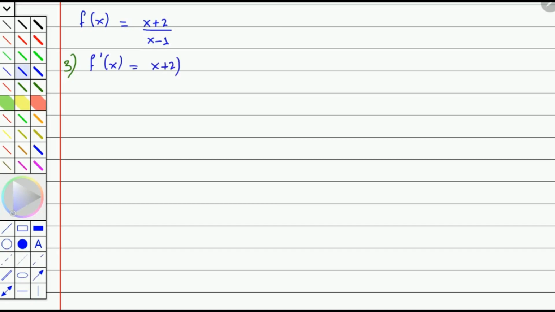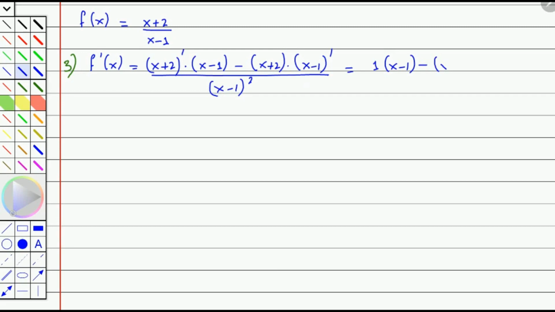This is x plus 2 derivative times x minus 1 minus x plus 2 times x minus 1 derivative, divided by the denominator x minus 1 quantity squared, equals derivative of x plus 2 is 1 times x minus 1 minus x plus 2 times the derivative of x minus 1, again 1, divided by x minus 1 quantity squared, equals, we can do the operations now, x minus 1 minus x minus 2 over x minus 1 quantity squared.